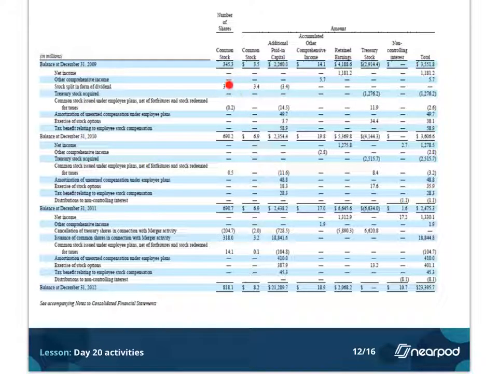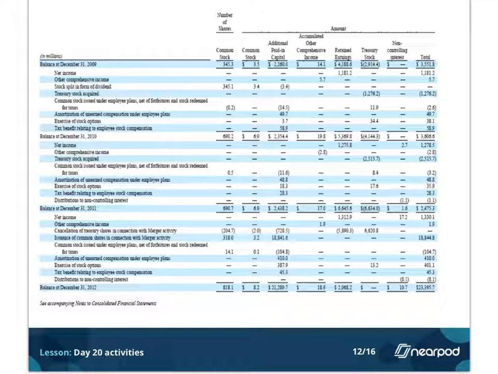But here you see like 345, 345. It's a large stock dividend. And then all of these items are going to be on the balance sheet. All of these totals are going to be there. Yes, they're all going to show up in the balance sheet section.